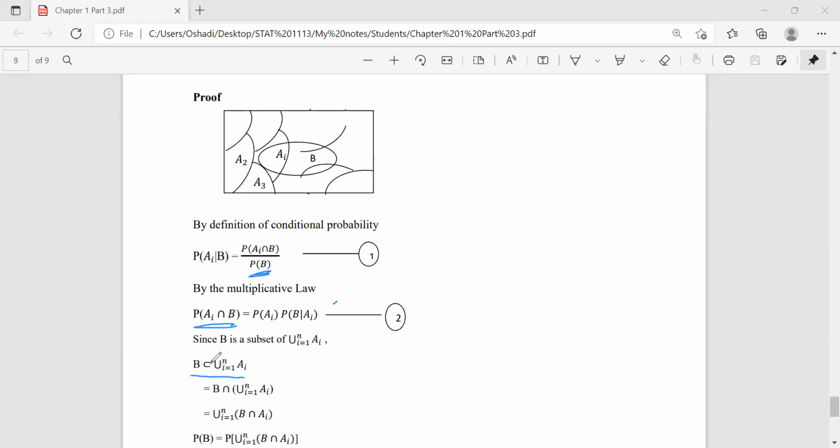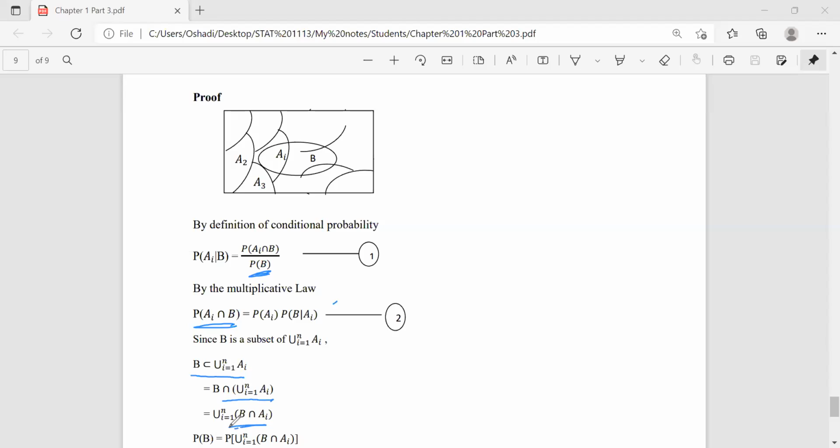Since it is a subset, we can write it as B intersection union of Ai. So it can be written as union of B intersection Ai.